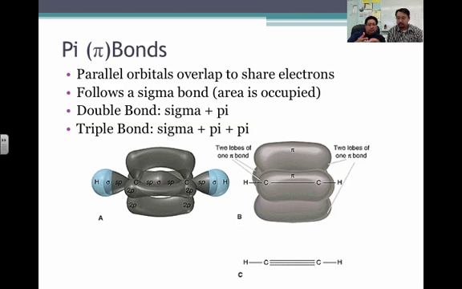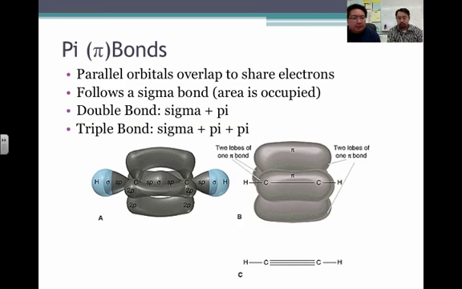And because of the rules, we can't have more than 2 electrons in this area. So the pi bond is actually split. It's half a pi bond above and half below. It looks like a triple bond when I do this, but it's actually a sigma and half of a pi bond above and below.